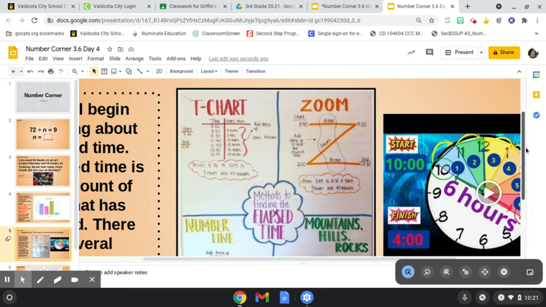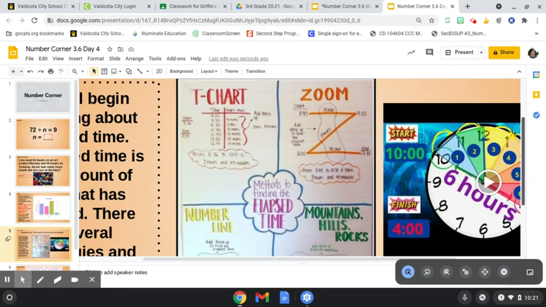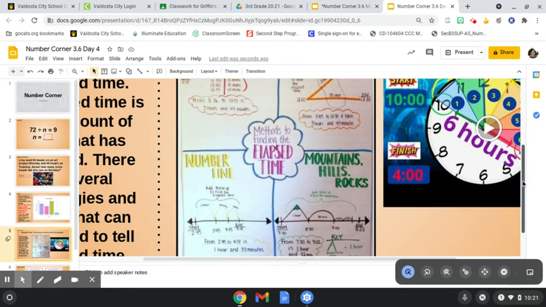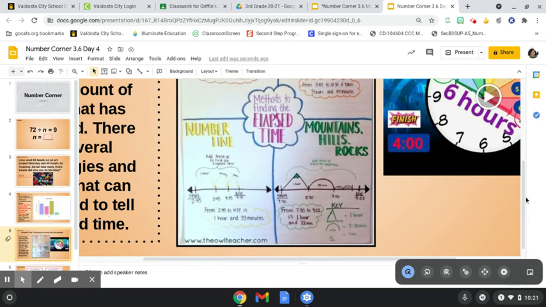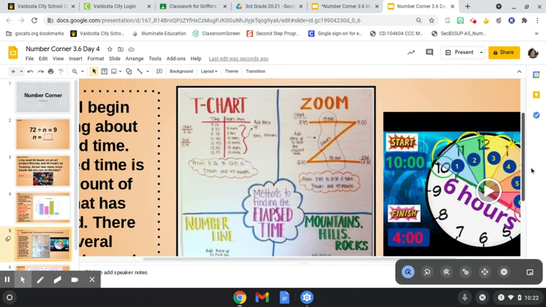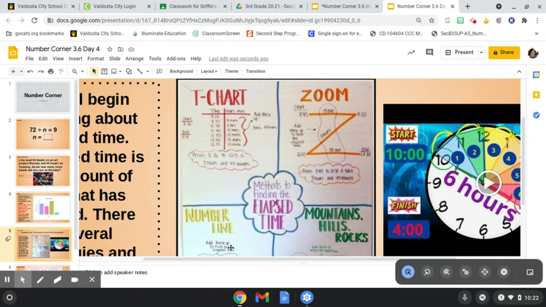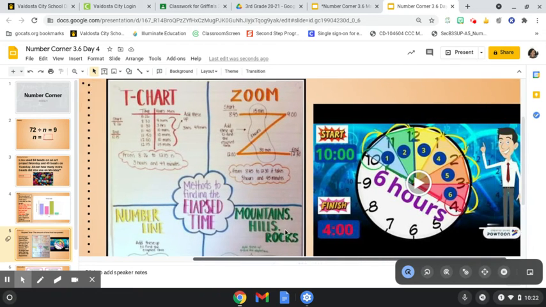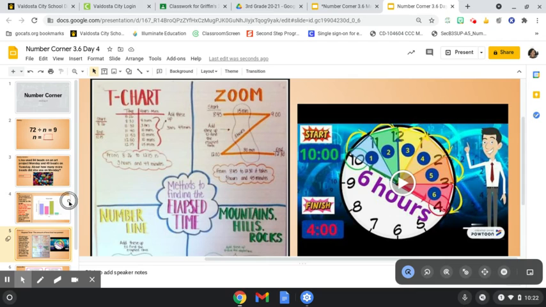We can use something that's called Zoom. We can use a number line. And we can use something that's called mountains, hills, and rocks. And we will be talking about this. But here's a video for you to watch that will give you more information. So you will need to watch this video.